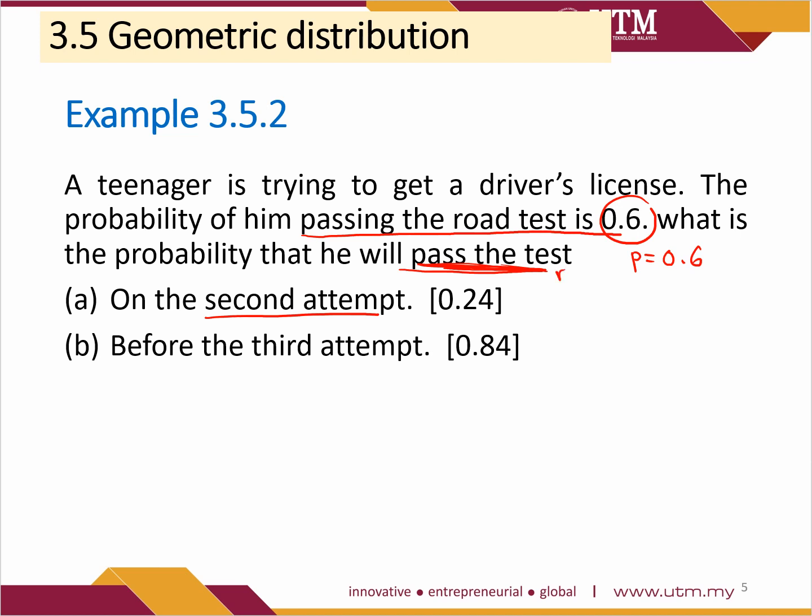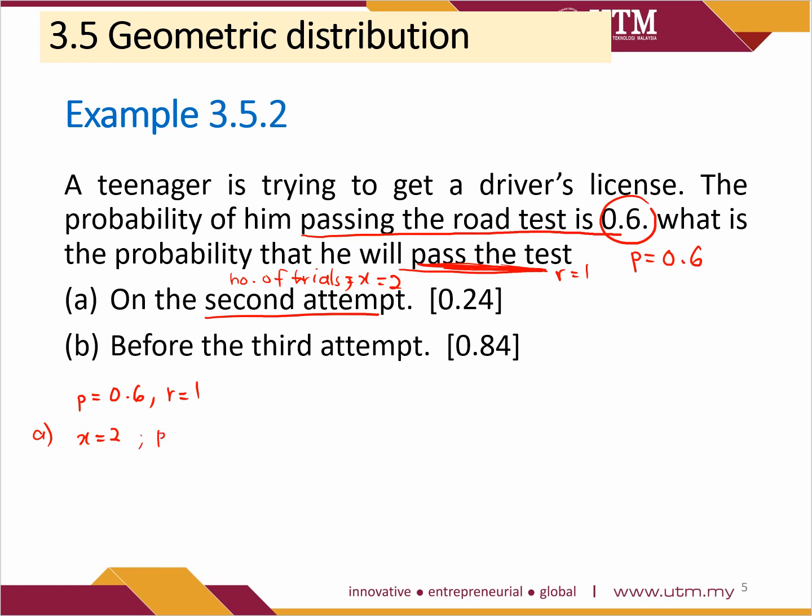So passing the test here is the number of successes, which is equal to 1. The second attempt is the number of trials, so the number of trials is equal to 2, given this number of trials is defined as x. So for A, x will be equal to 2, given r is equal to 1.